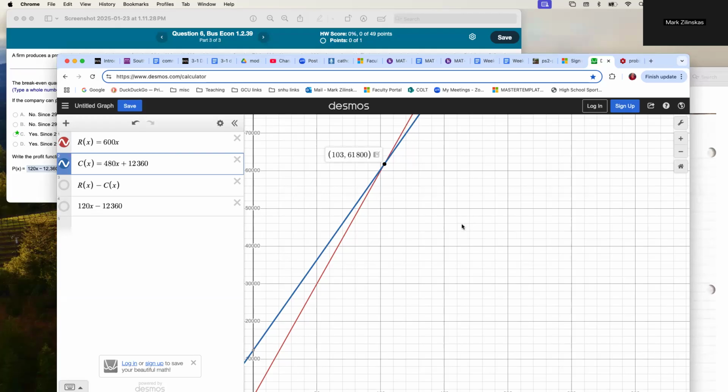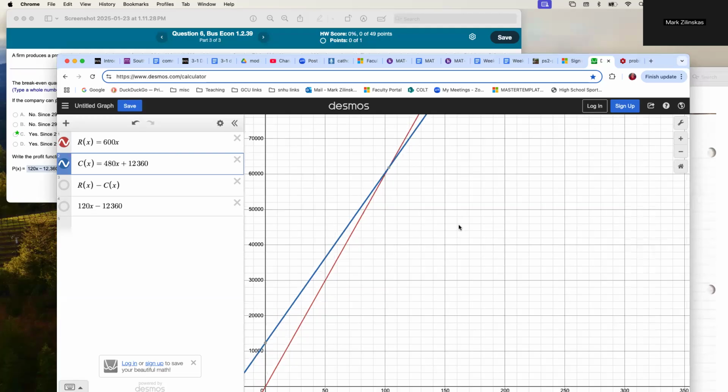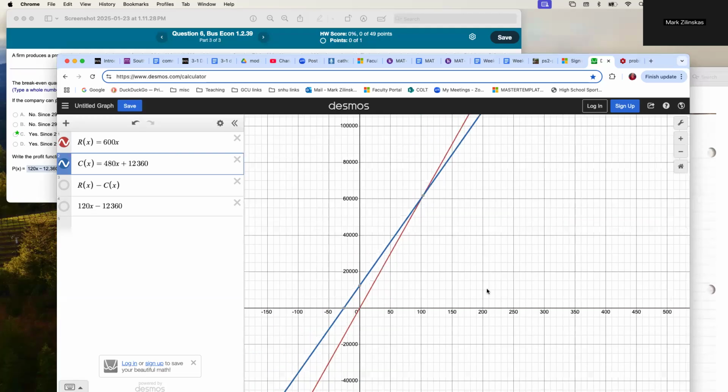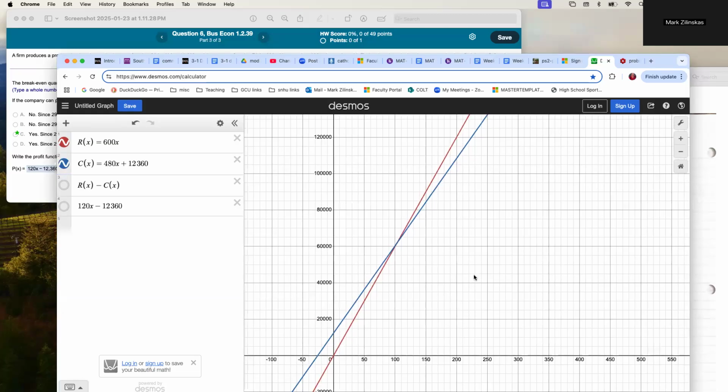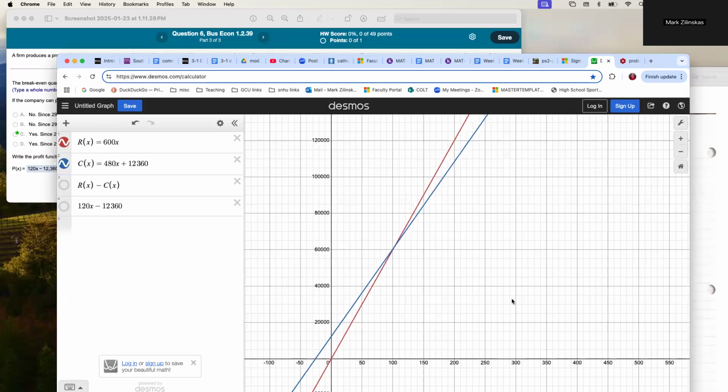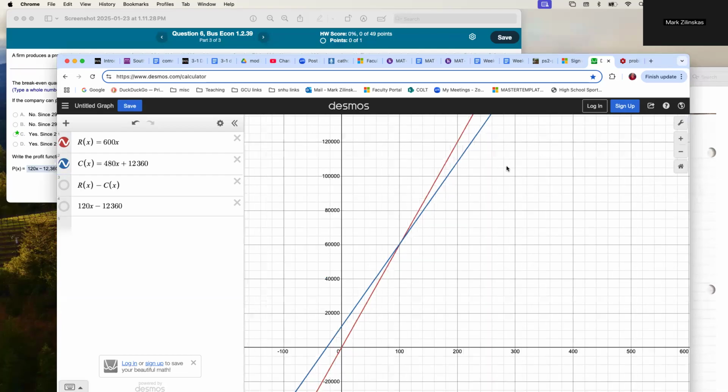Obviously, it would make sense here if we zoom out a little bit. You can see if I get over here to like 292, which would be right about here, the profits keep separating further and further and further. Now, another way I could look at this is to look at the profit function, which is the revenue minus the cost.